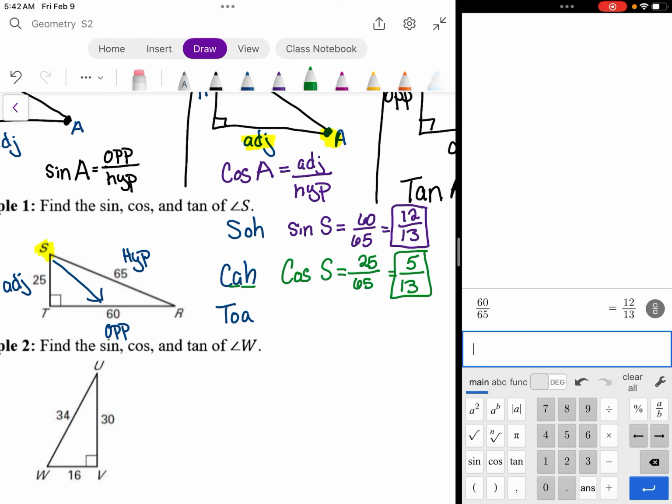That leaves our last function that we need to find, the tangent function. We would set that up as tangent of S equals opposite over adjacent, and that would be 60 over 25. And when we simplify that, divide them both by 5, we would get 12 over 5.